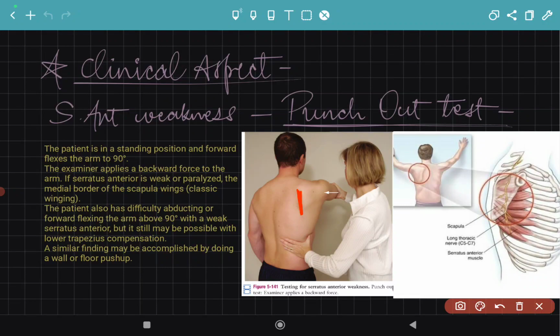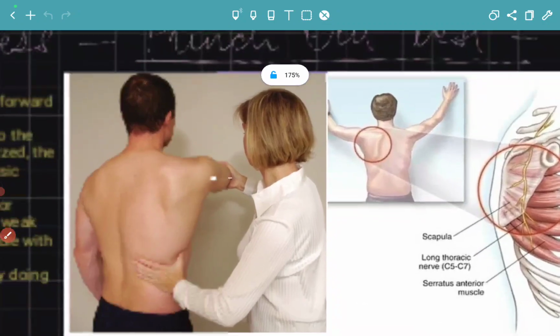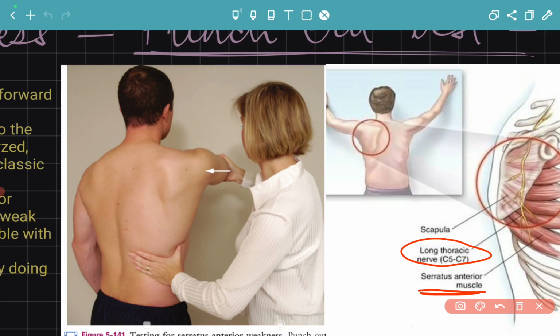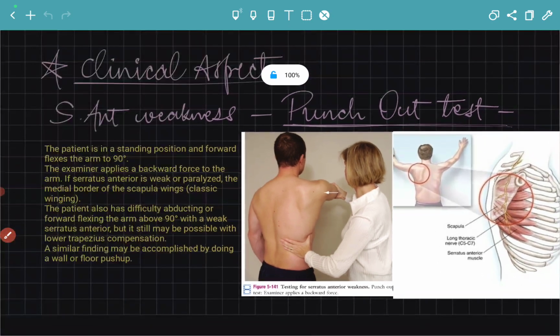Classic winging will be seen. Over here also we can appreciate that the long thoracic nerve supplies the serratus anterior muscle, and if there is weakness or paralysis of this muscle, there is winging of the scapula, that is, the medial border can be seen prominent with scapular protraction, the punching movement.